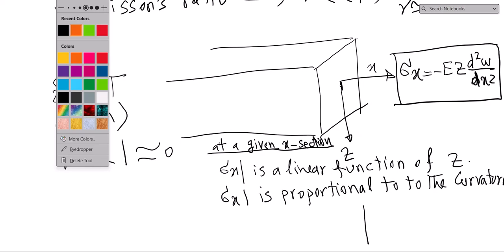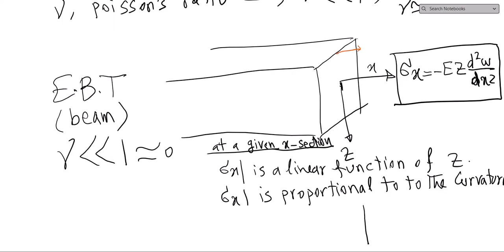So for a negative z, I get some stress that linearly varies to 0, because at the neutral axis z is 0, and we said that this varies linearly from this equation. And then for a positive z, this becomes negative.